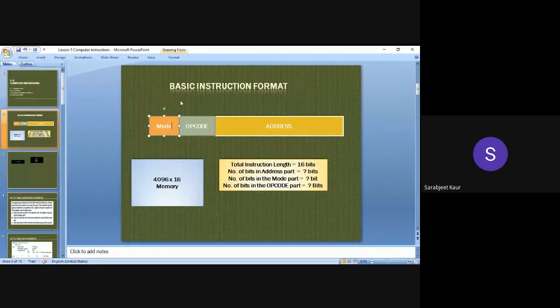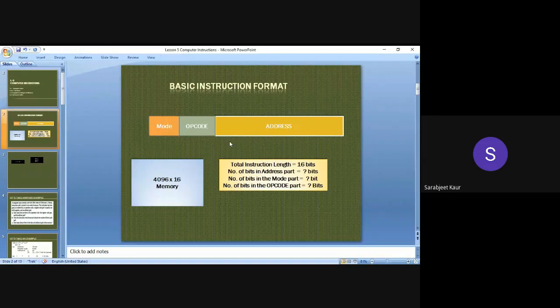It is the leftmost bit in the instruction that is reserved for the mode bit. So obviously it can have two values, either a 0 or a 1. Is this clear? Yes, ma'am. Good. So let us leave the mode bit at this level. Let's leave its understanding at this level.